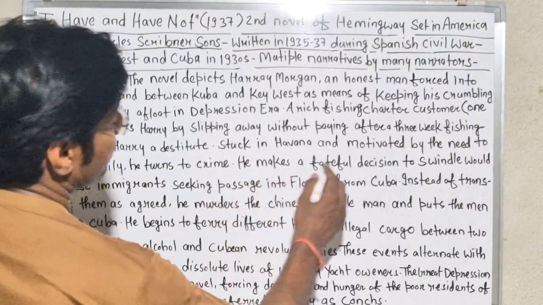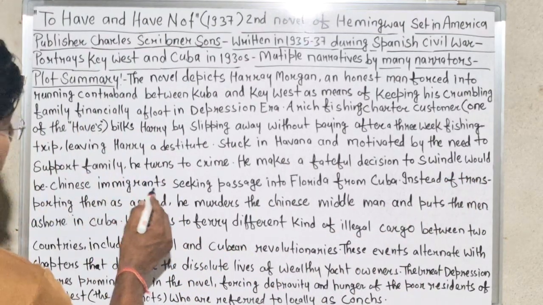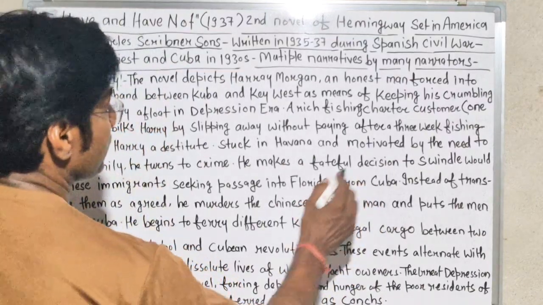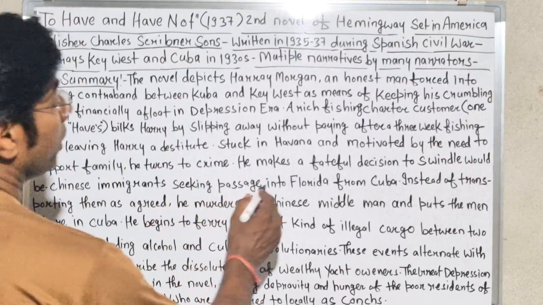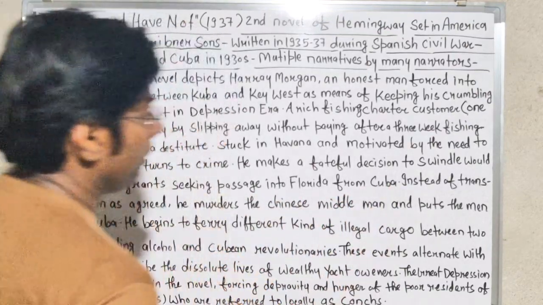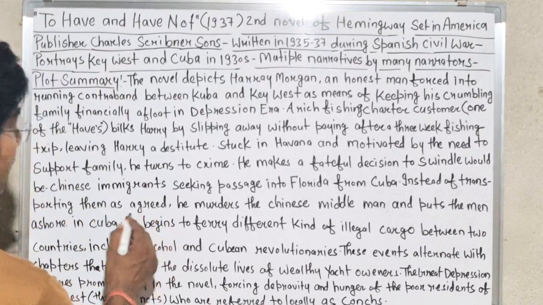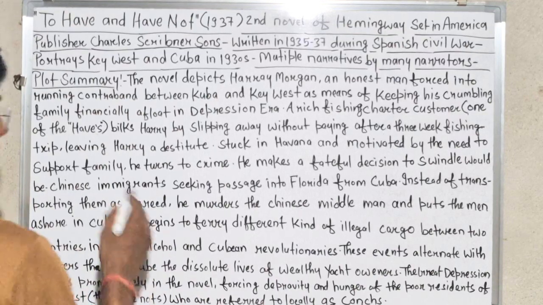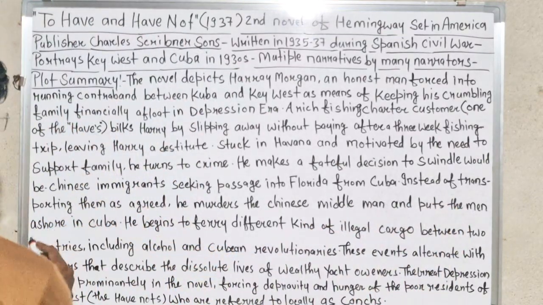He makes a fateful decision to swindle, meaning cheat, would-be Chinese emigrants seeking passage into Florida from Cuba. So he decides to cheat those Chinese immigrants who actually want to go to Florida. Instead of transporting them as agreed, as per the contract, he murders the Chinese middleman and puts the men ashore in Cuba.